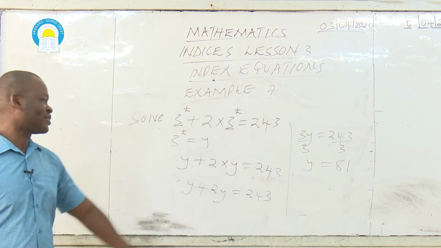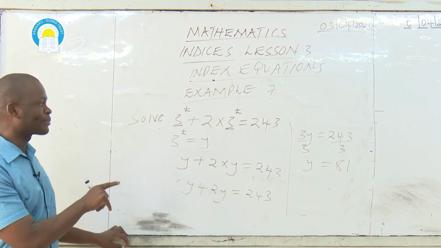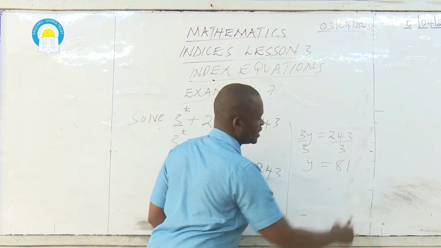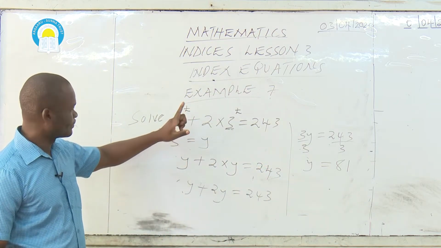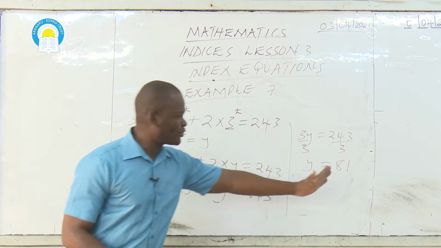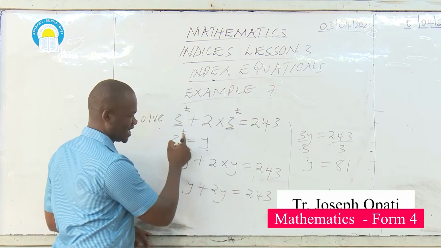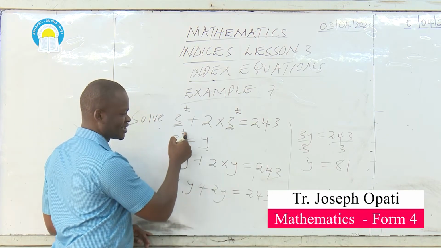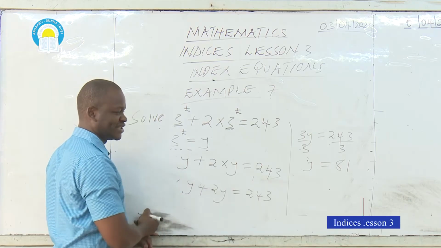Now, once you solve for y, don't get too excited and stop there. Remember, y is our own introduction. Initially, the question wanted the value of t. So how do you get t? Go back to your equation connecting y and t. We are saying 3 power t is equal to y. But now we have the value of y as 81.